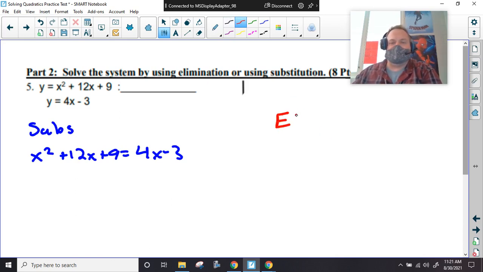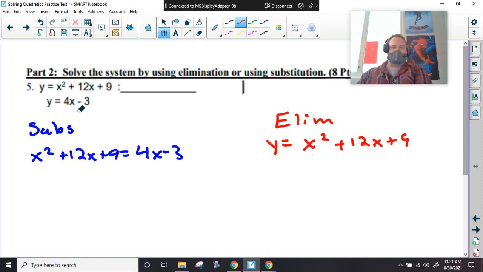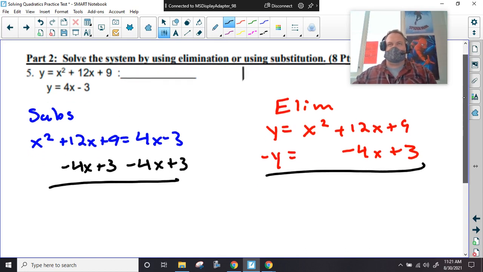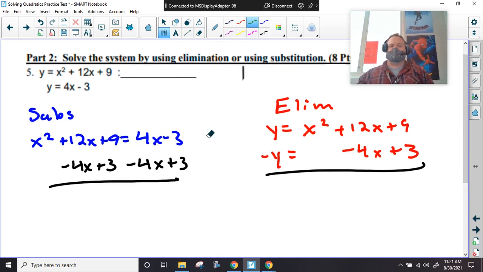And then you have elimination, where basically you keep the quadratic the same and you multiply everything in the linear, or the bottom one, by -1. Some people like substitution more. It's at least you have choices. Okay, this one right here. Yeah, thank you, Helen. So, all right.